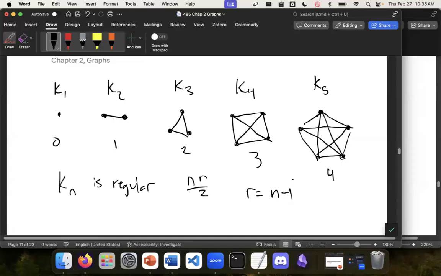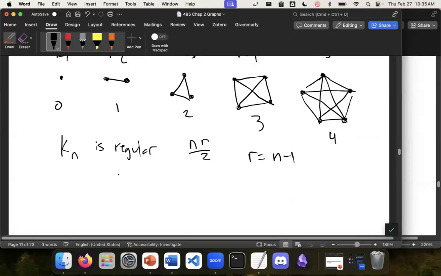Which makes sense because every vertex is adjacent to every other vertex. And so each vertex, because there's no self loops, there's n minus 1 other vertices available. So it's going to have all of those edges. So using our theorem, we can say the degree is n minus 1.